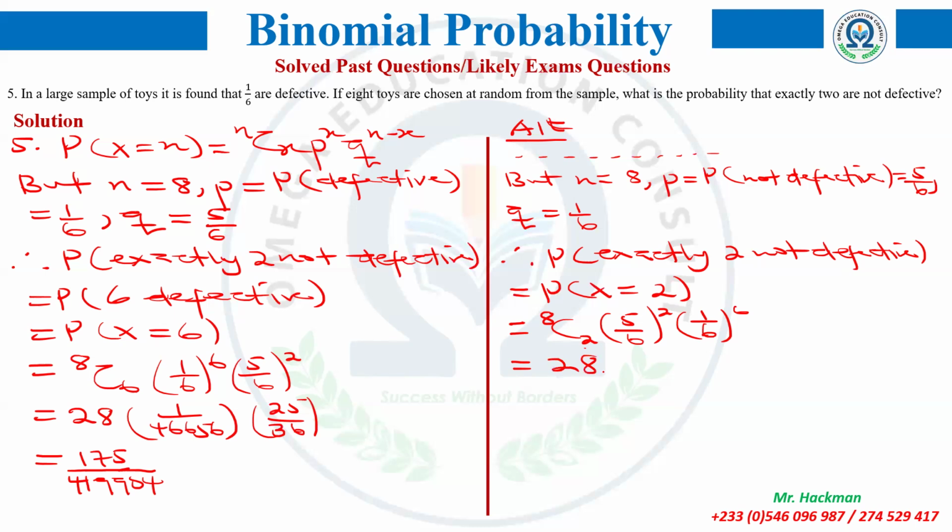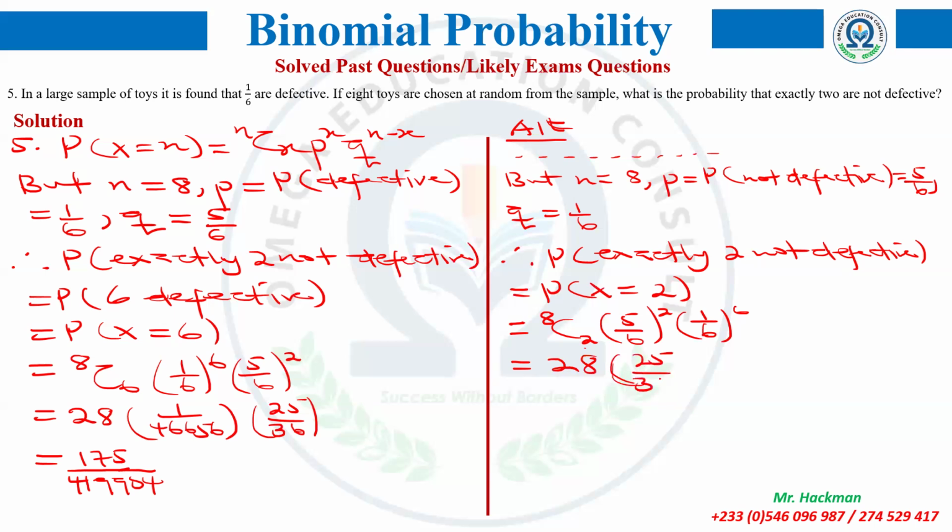Okay, and obviously you can see 1 over 6 is here. You know 8 combination 6 is the same as 8 combination 2. So 1 over 6 to the power 6 is here. Whatever we had here, the 5 on 6 squared, is now going to be our second factor. So that will give us the 25 on 36.